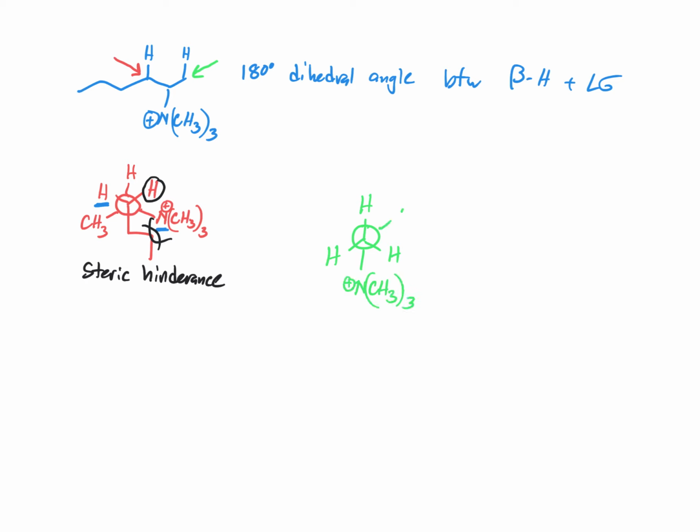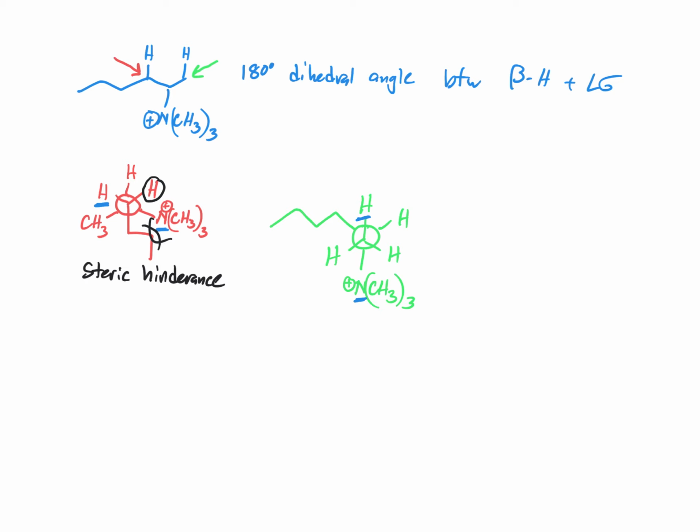And then I have a hydrogen, and then I have a 4-carbon chain attached to that back. So I have 1, 2, 3, 4. And let's see, so now again, this hydrogen is 180 degrees from the ammonium. Any of those hydrogens on the front could be, it's a methyl group.